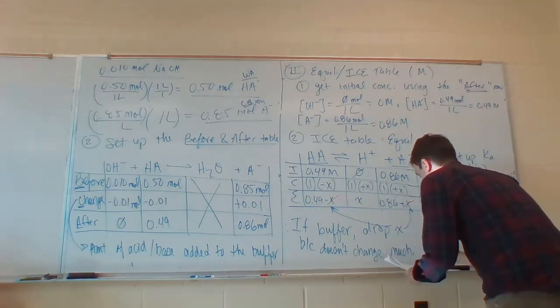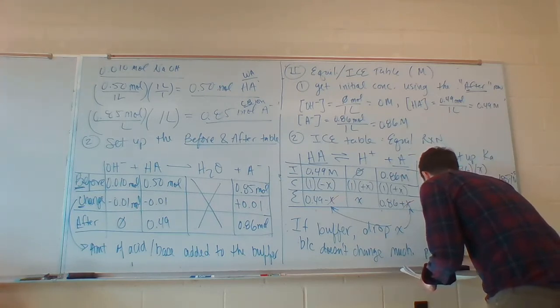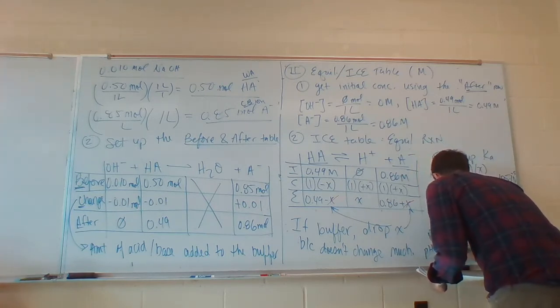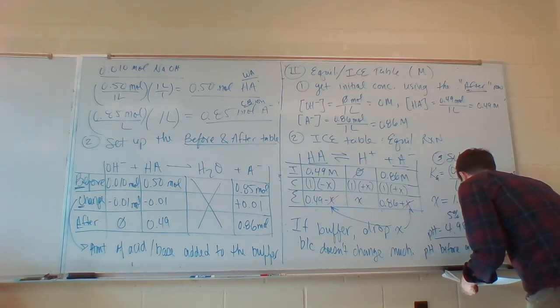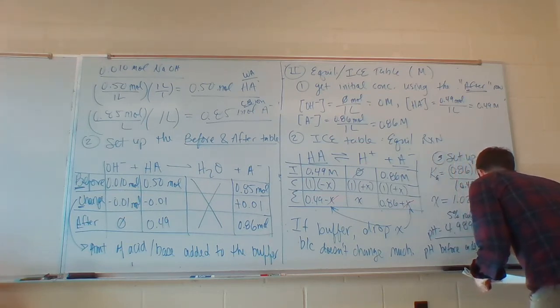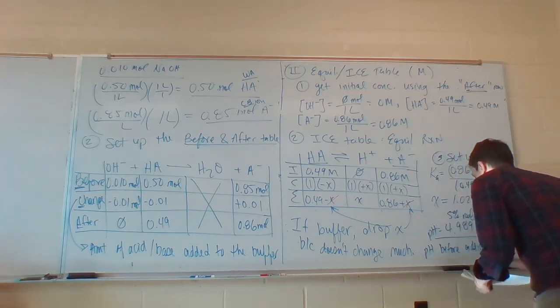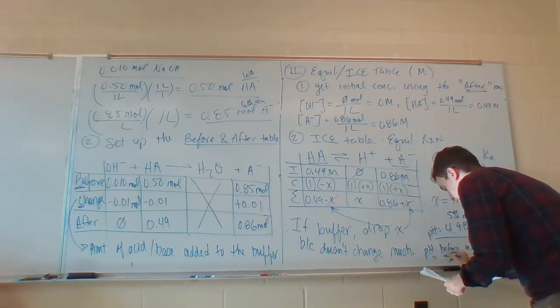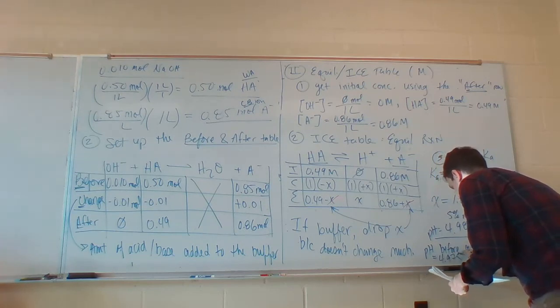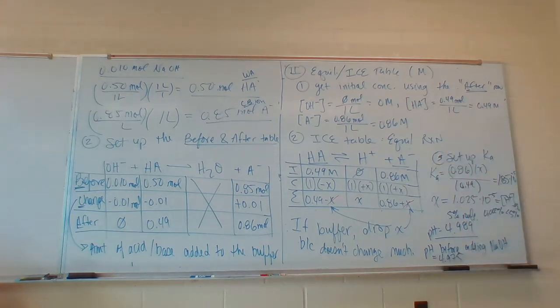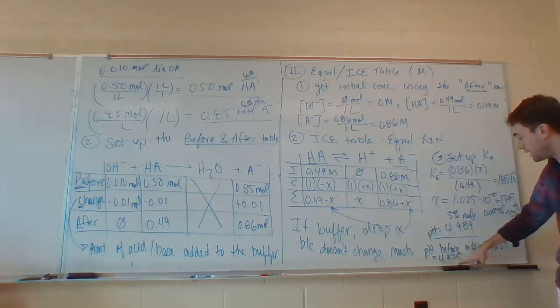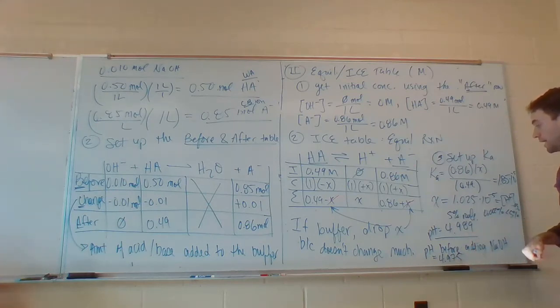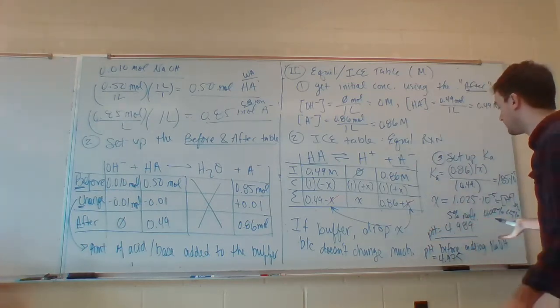Now, the pH before we added the sodium hydroxide was equal to 4.975. Now notice, yes, they're different, but it really hasn't changed a whole lot from the 4.975 to the 4.985. It's basically the same.